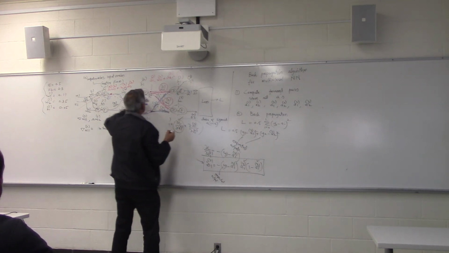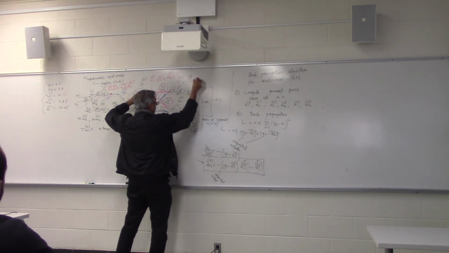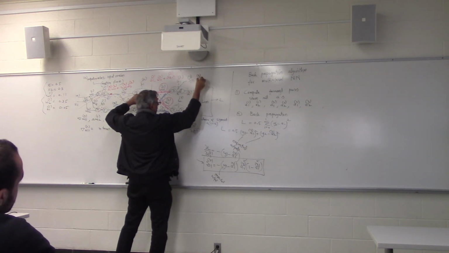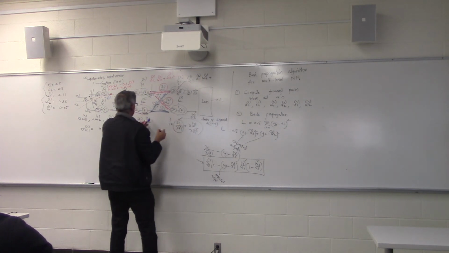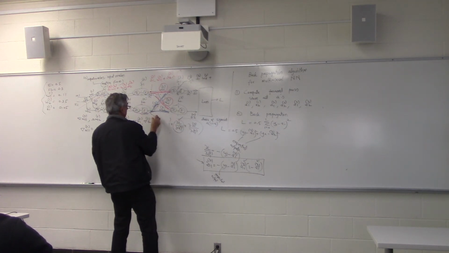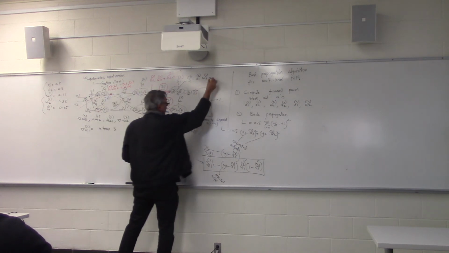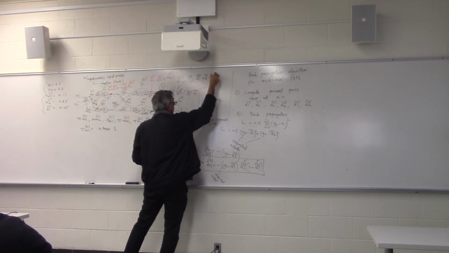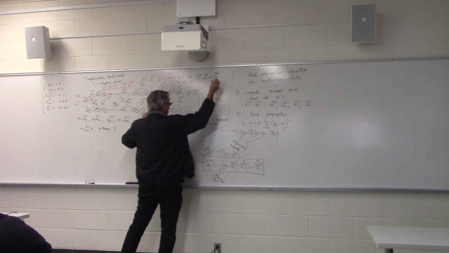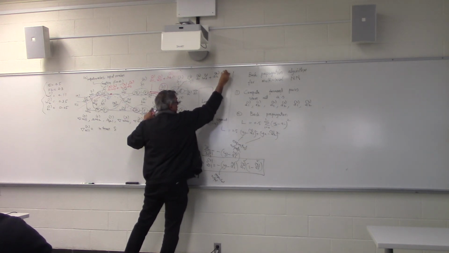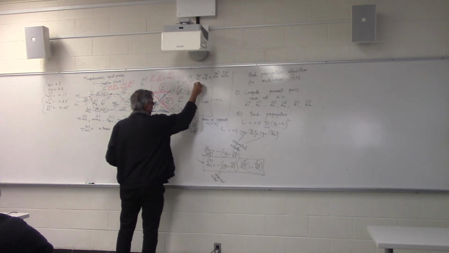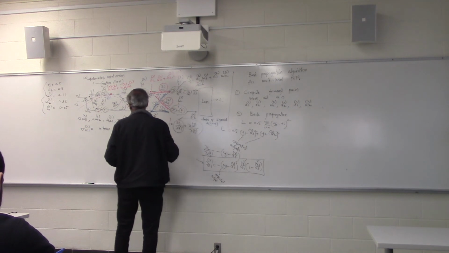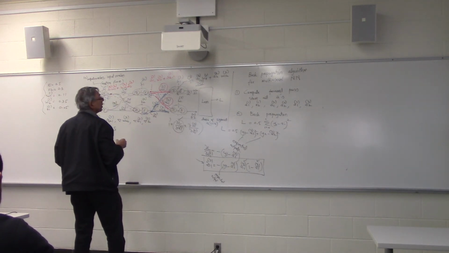A1 of 2 times W113, plus A2 of 2 times W123, right? So now do a partial of S1 of 3 with respect to W113.